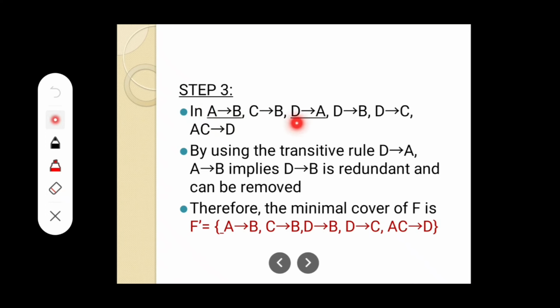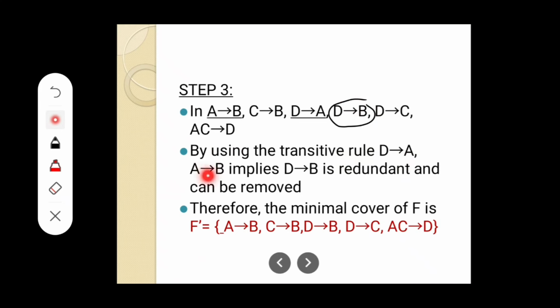Here we can apply: D determines A and A determines B. It implies that D determines B. Here we have D determines B, and that can be eliminated. D determines A and A determines B is actually D determines B. So that is here, and that can be eliminated by using the transitive rule.